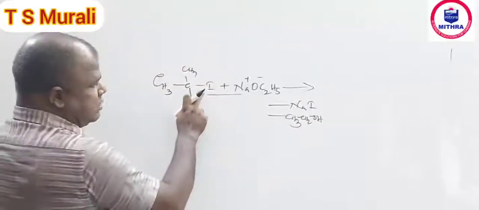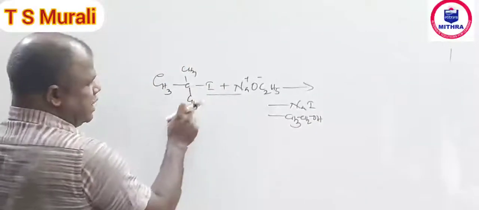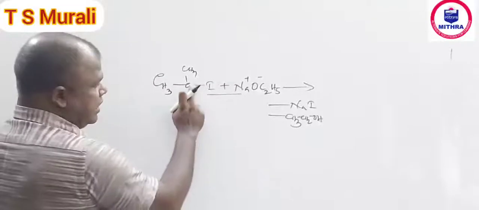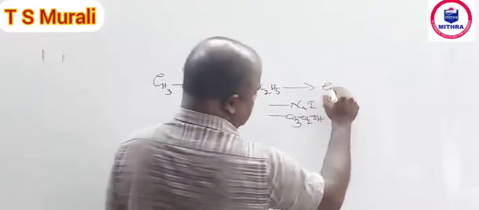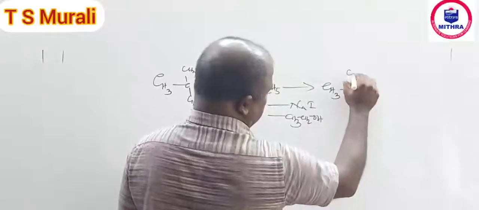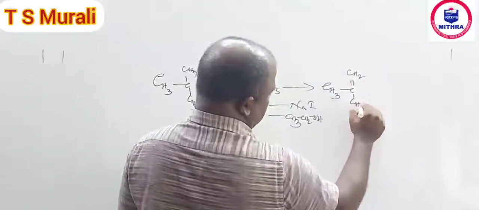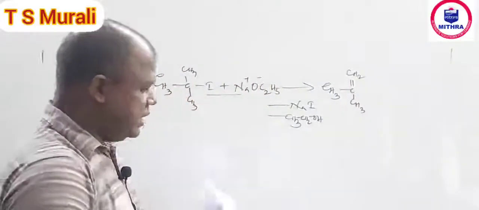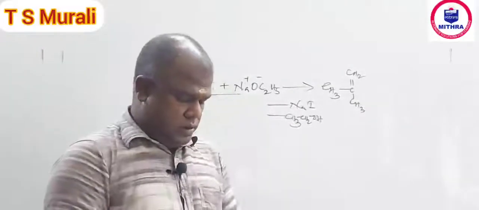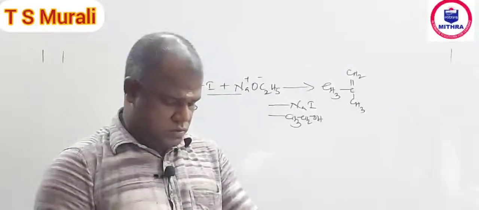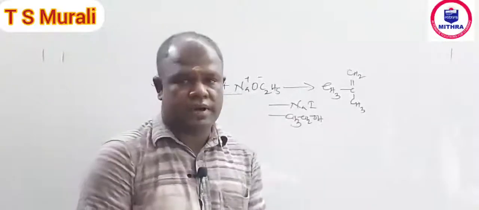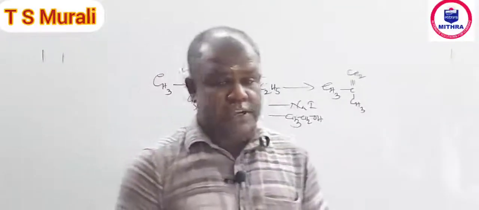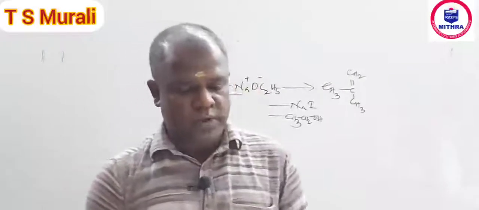So when I is removed and one hydrogen from any location, because these three locations are identical, you are getting a double bond here, here, here, or here, all are equivalent. So the product is, I am writing this way, isobutylene or 2-methylpropene. Isobutylene is the common name, and that is the answer. Question number 12.